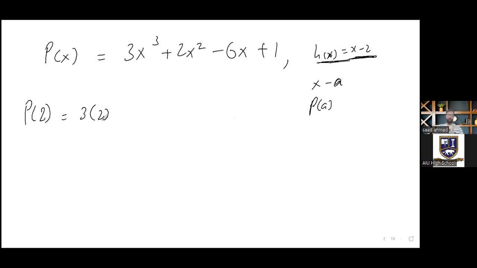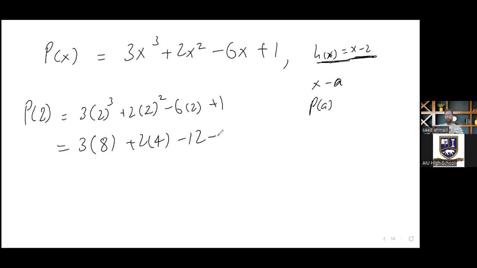That is 3 into 8 plus 2 into 4 minus 12 plus 1. So that's 24 plus 8 minus 12 plus 1, which gives us 21. So 21 is the remainder.